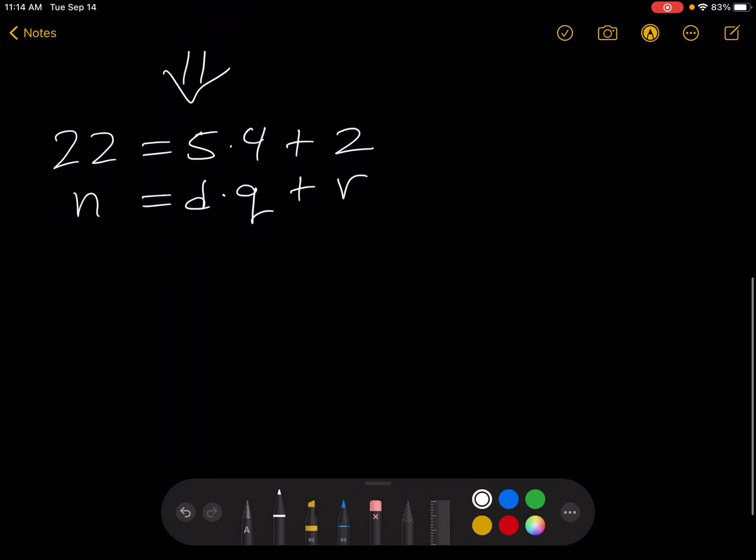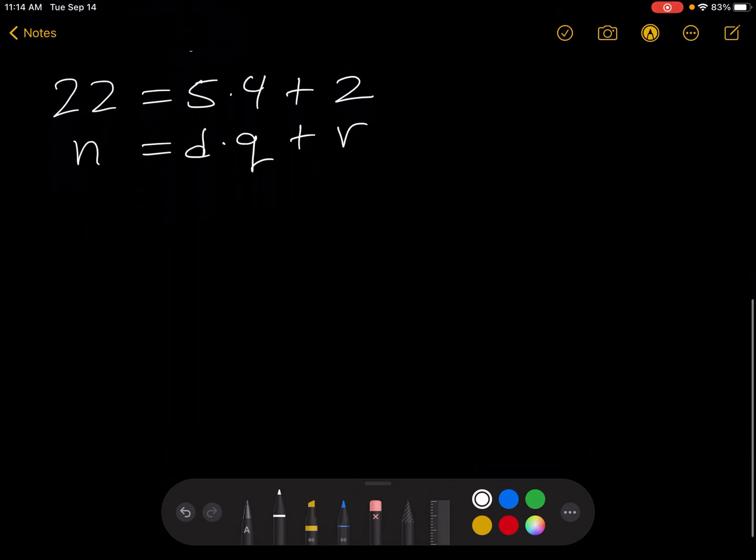All right, but there's a little bit more to the division algorithm than just this. And I'll show you that in the next example. So on the left, I'm going to do the division 10 divided by 3 incorrectly.